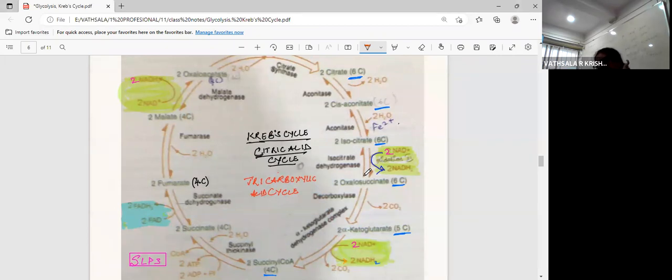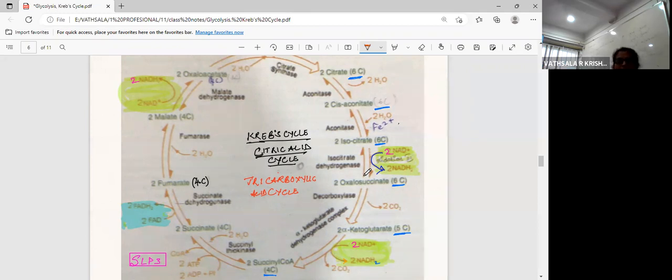How many steps are given? Count. There are exactly 10 steps involved here also.